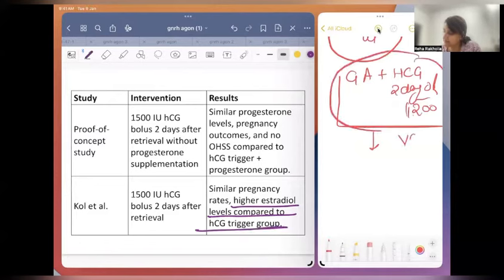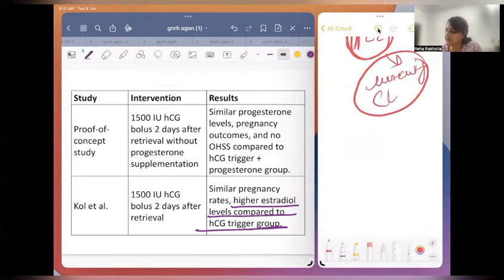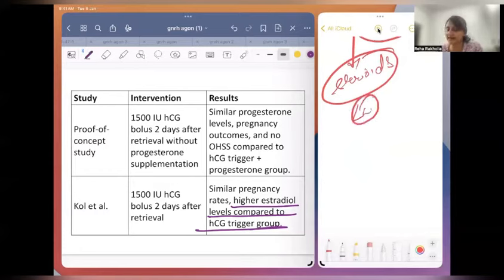So in this group there was higher estradiol, meaning this is rescuing the corpus luteum. That's why steroid is being secreted, no? Otherwise, if there were luteolysis, there wouldn't be any steroid. Here a similar progesterone level was shown.